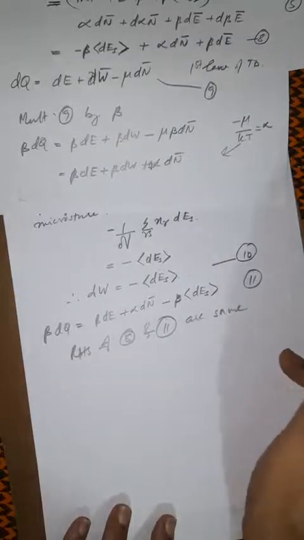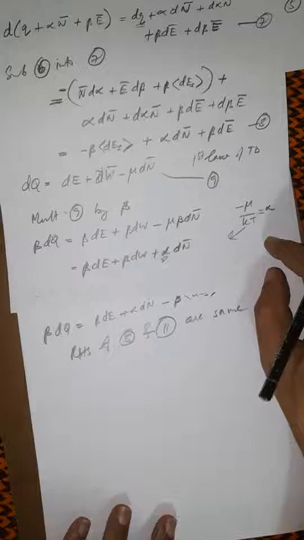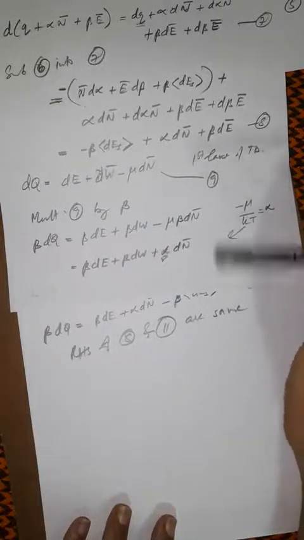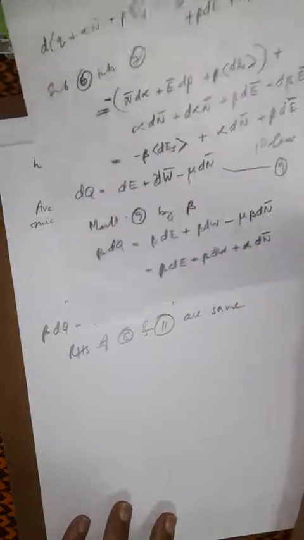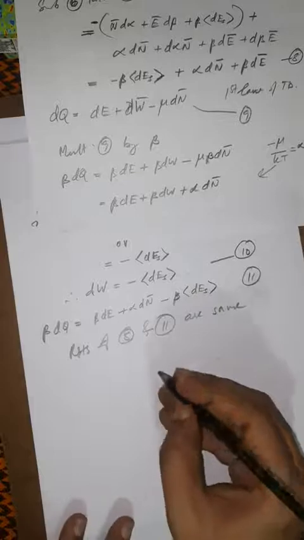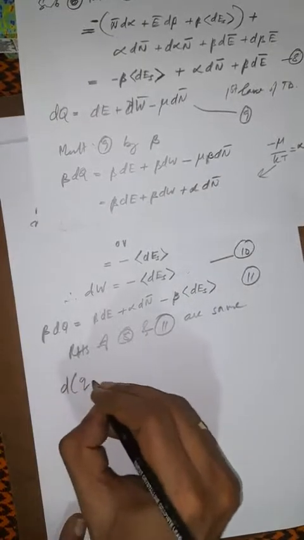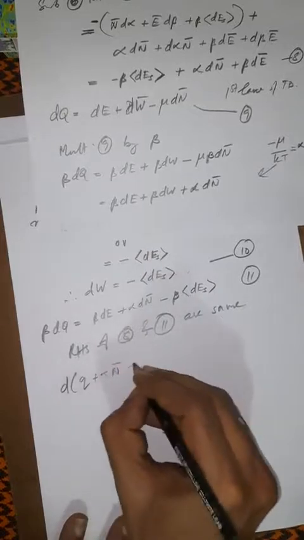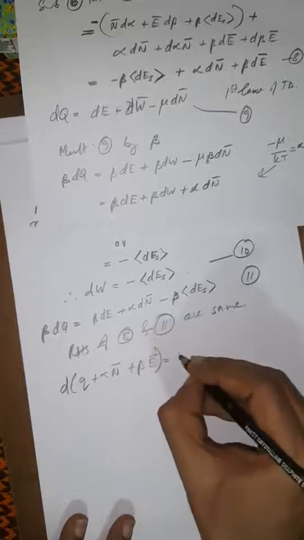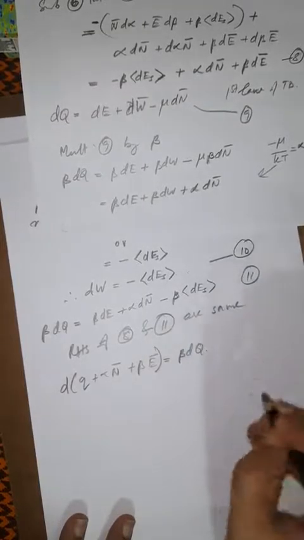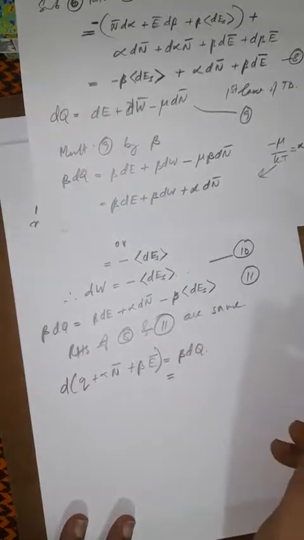The RHS of equation 8 and equation 11 are the same, right? So I can equate the left hand sides of equation 8 and equation 11, and therefore I can write d of q plus alpha n bar plus beta e bar is equal to beta dq, right? dq is equal to T dS.